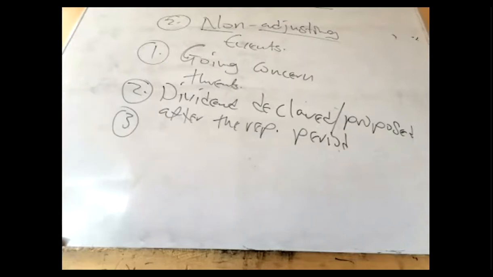Like, after the reporting period, Airtel and Tigo combine, Airtel Tigo. That one becomes what? A non-adjusting event. So a major business combination after the reporting period, where this company acquired that company, is a non-adjusting event. Good. Yes, acquisitions and so on are non-adjusting events.